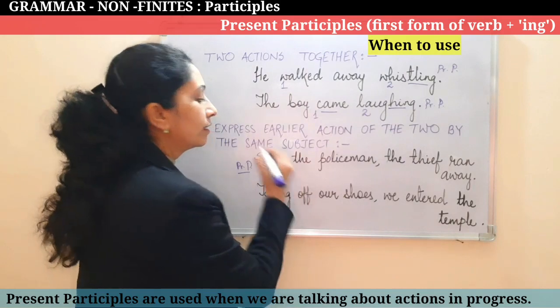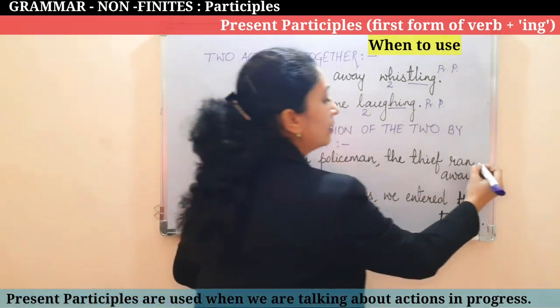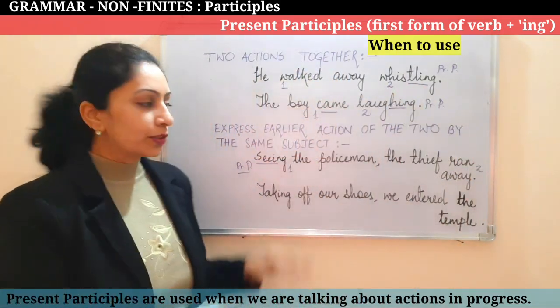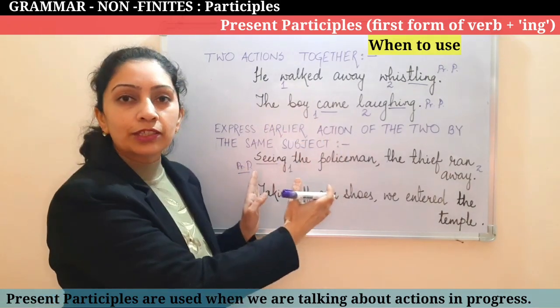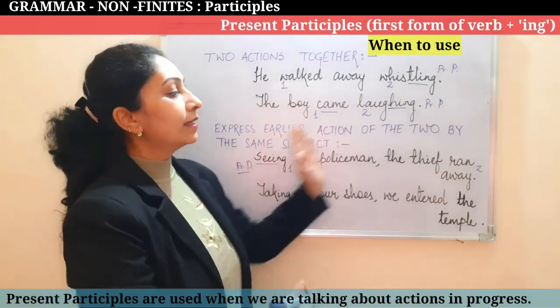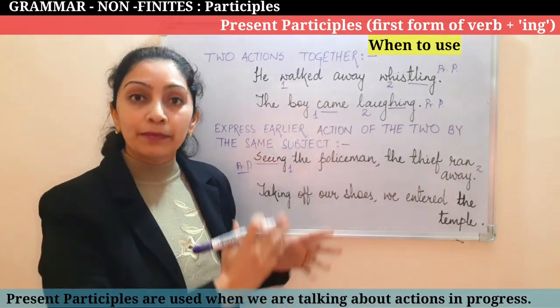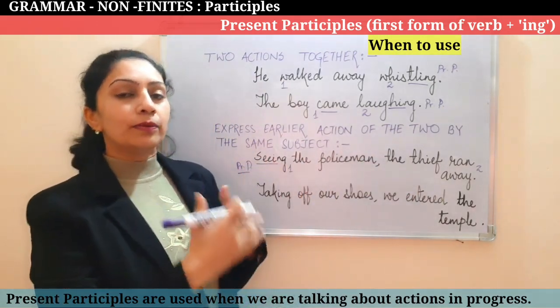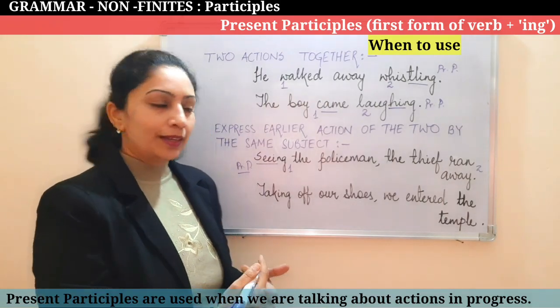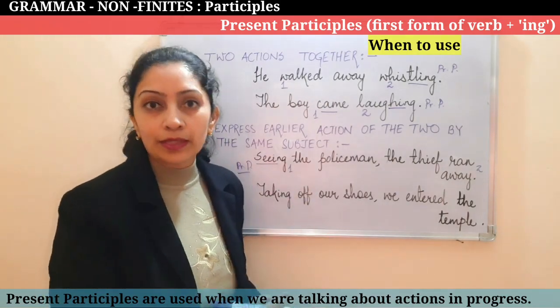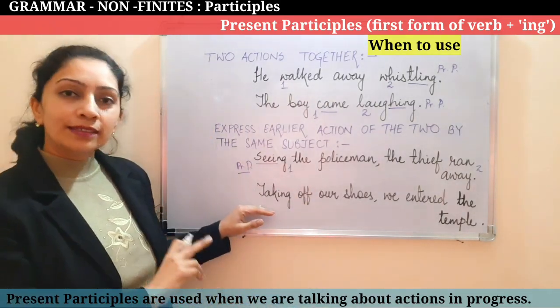One is seeing and another one is running away. So when the first action happened, immediately the second one also happened. So they are not happening simultaneously as such, but right one after the other as a result or as a consequence.